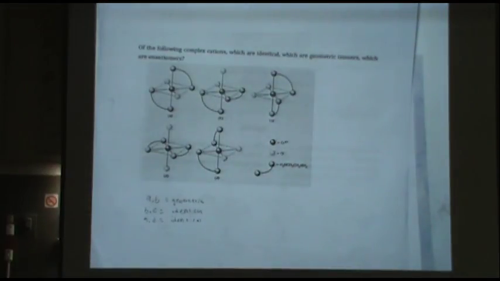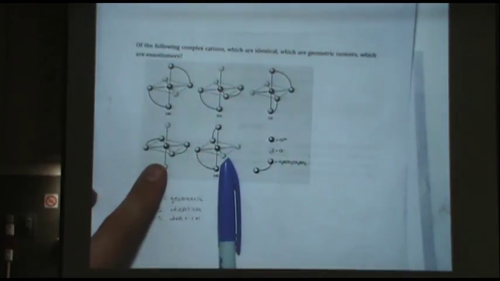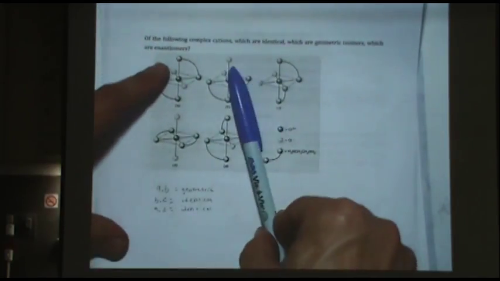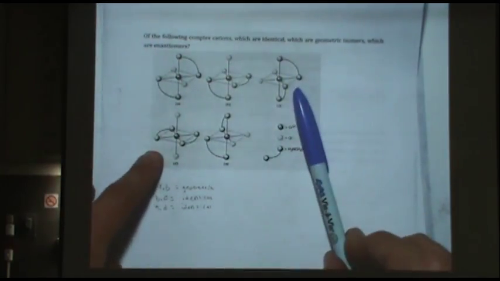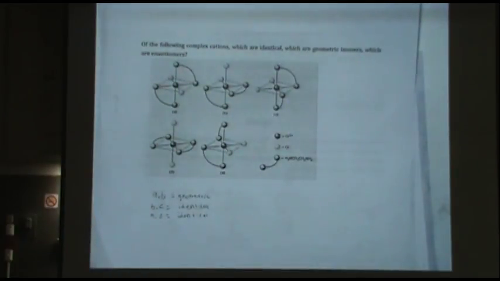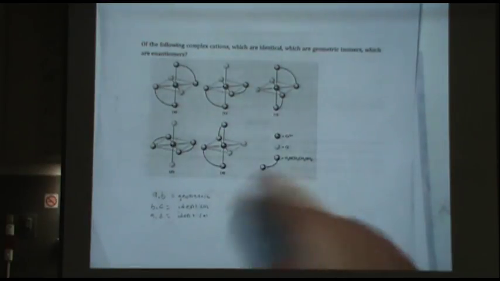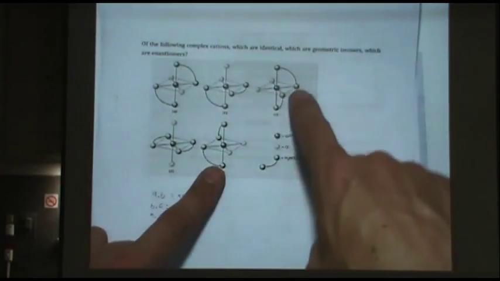You only compare what's trans and trans? Well, you could say these are geometric isomers, cis and trans. So are these, so are these, so are these. The trans to the other trans could be identical. But the cis to the cis, one of these 3 might be a mirror image that's different to another one.